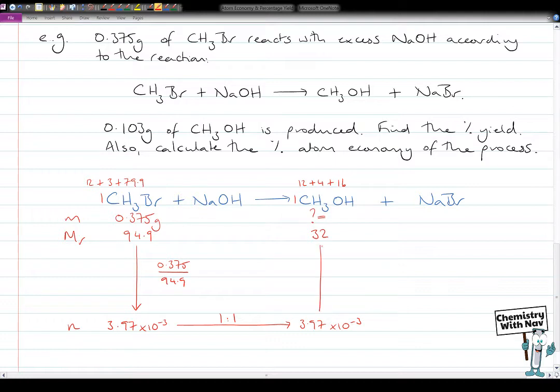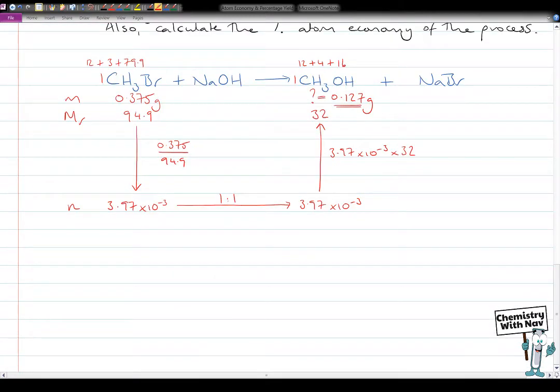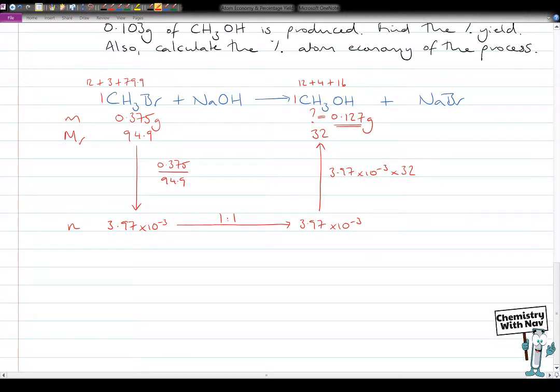So now when I go back up, I can work out my mass as being the number of moles times the Mr. So 3.97 times 10 to the minus 3 times 32, and that gives me 0.127 grams. So that's my theoretical maximum, and in the question it says that actually only 0.103 grams was produced.